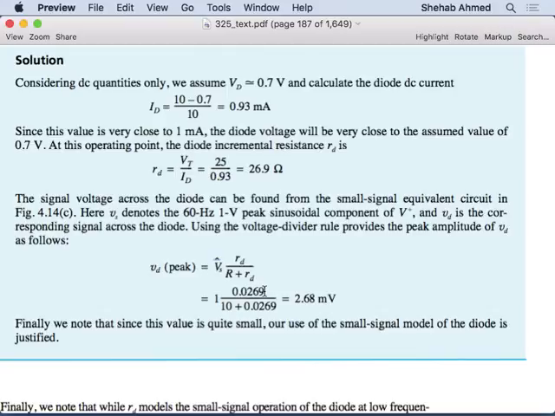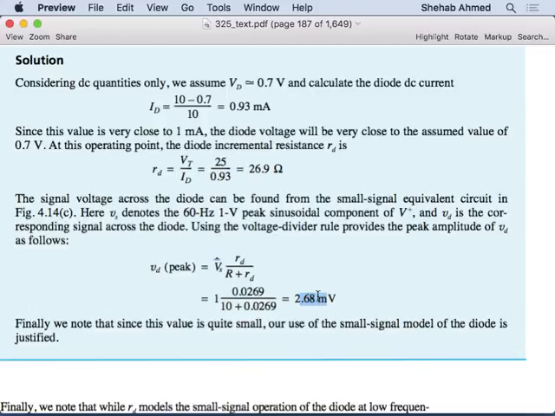What's the peak value of that ripple? It's equal to the peak value of the input sine wave and then the voltage divider rule. This is less than 5 millivolts, which means I can use this linear analysis simplification. If this is greater than 5 millivolts, you cannot.